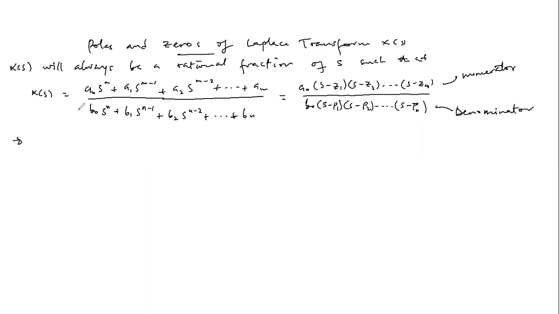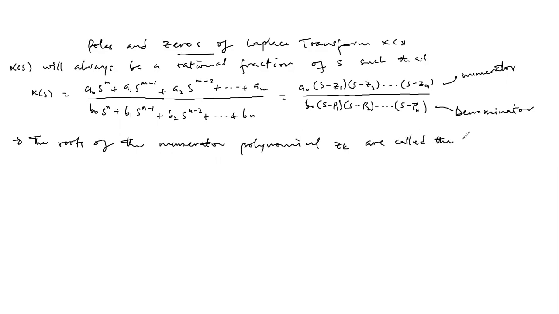Just like I mentioned earlier, the roots of the numerator polynomial, z sub k for instance, are called the zeros of S of s.